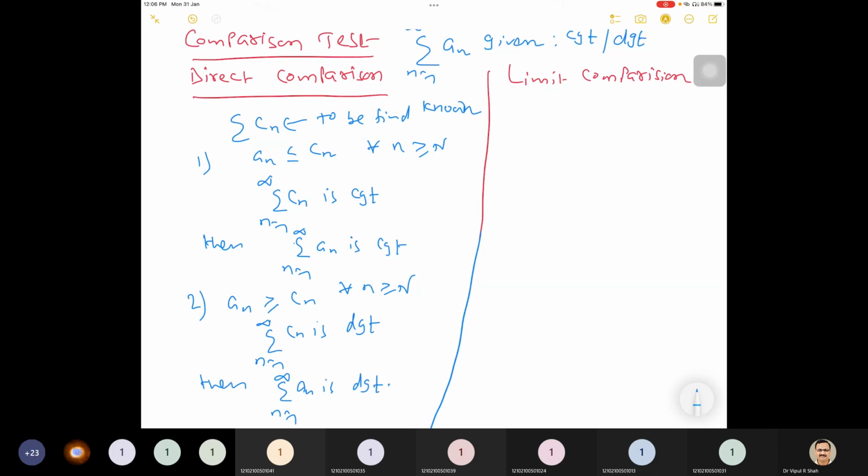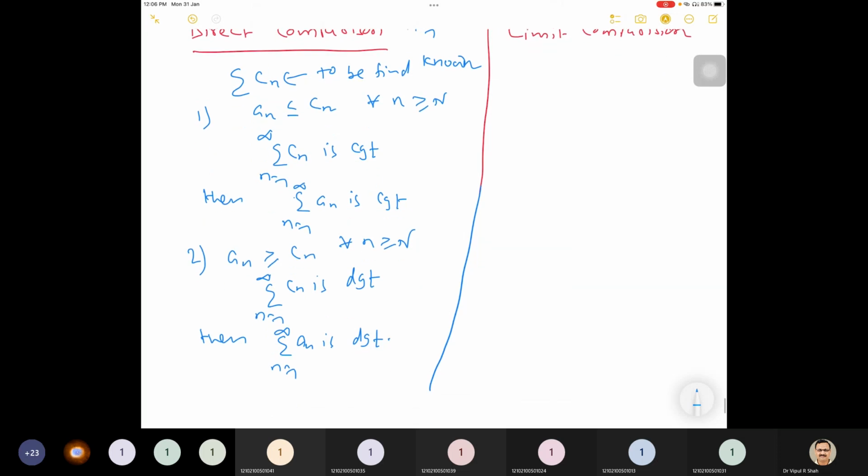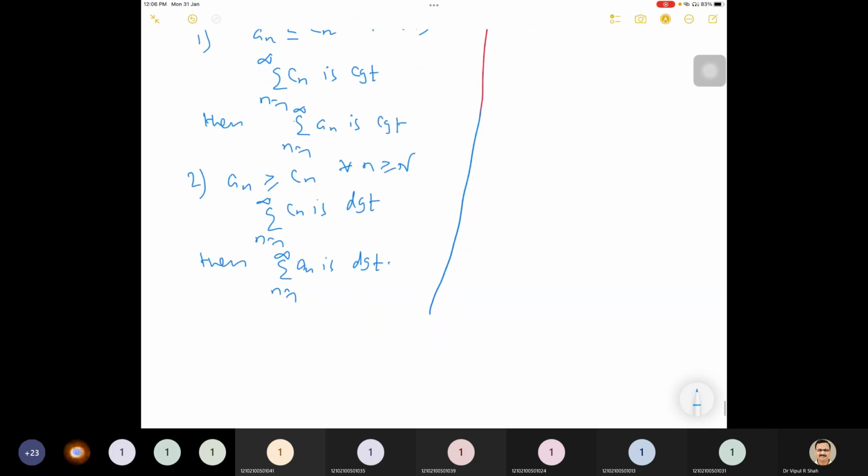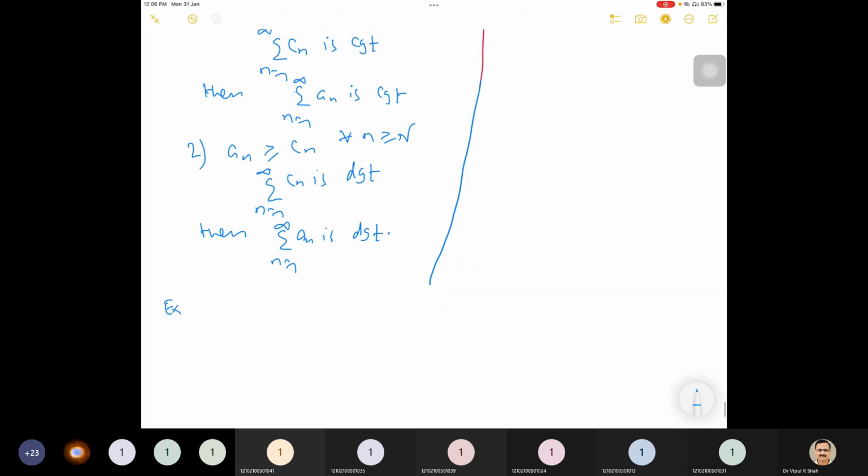Then there is one limit comparison test. We take one example of direct comparison test first. You can easily find out, like this. Series 1 upon n factorial.